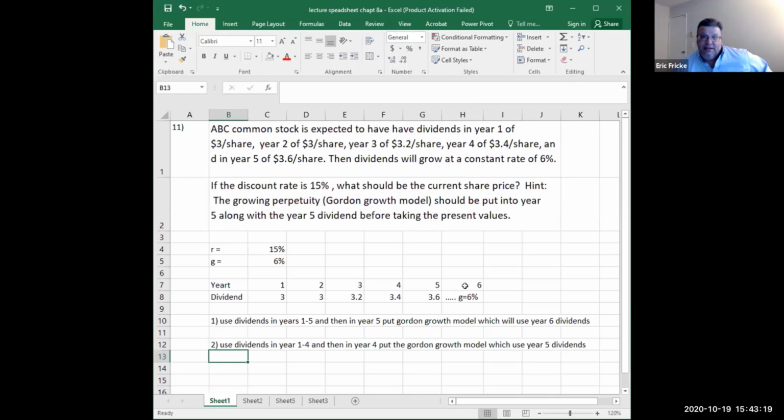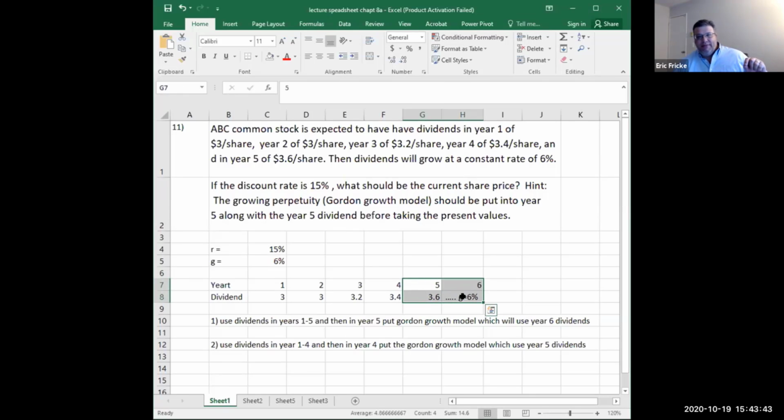Okay, and the reason is because let's just look at where the growth starts. The growth starts in year 5, right? That's the base year off of which that 6% starts every single year. So you could think of year 5 as when the Gordon growth formula starts.